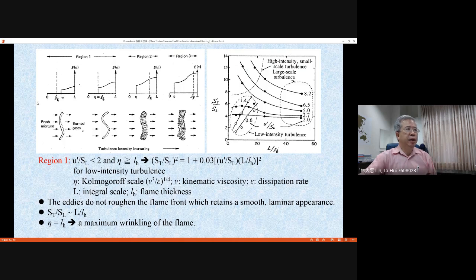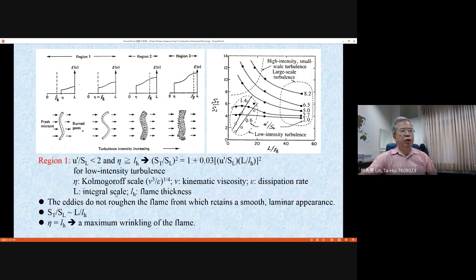In the first plot, it tells you the eddy is larger than the flame thickness, which means the size of the eddy is larger than your flame thickness. And the third one, I want to tell you capital L represents the integral scale.